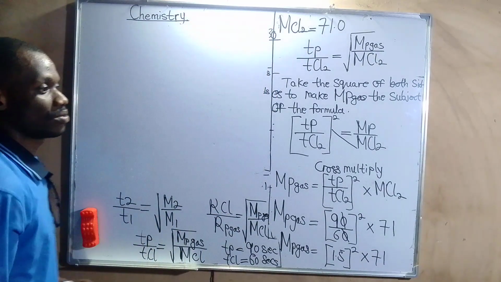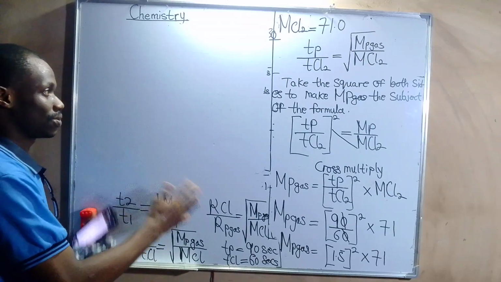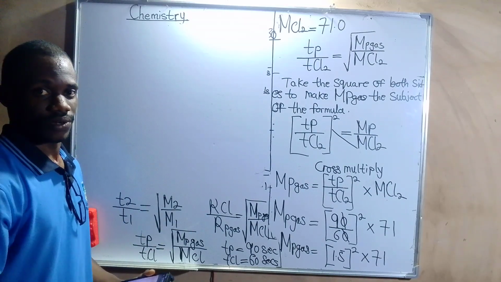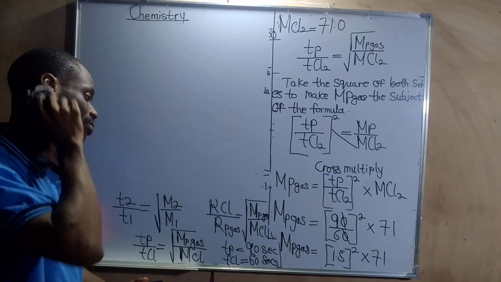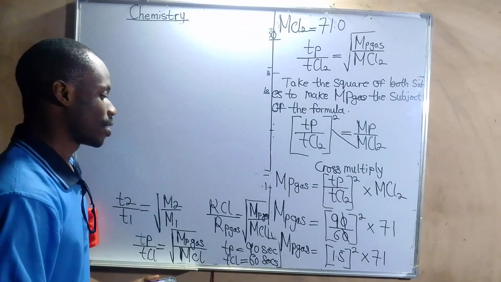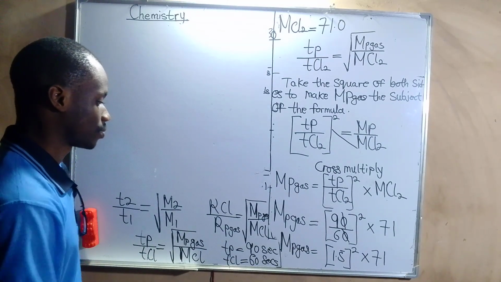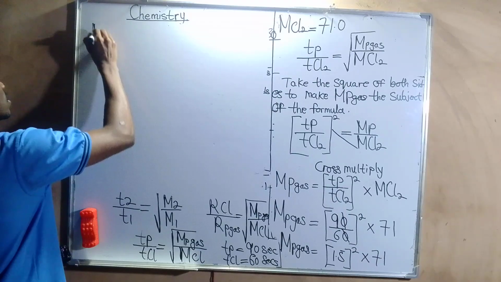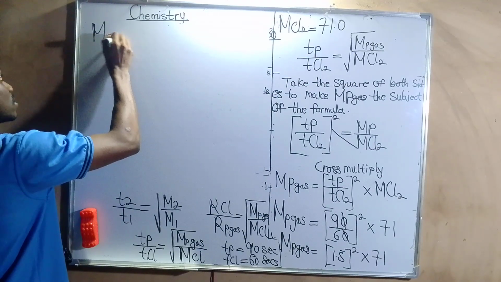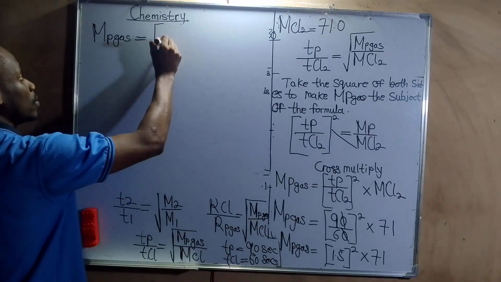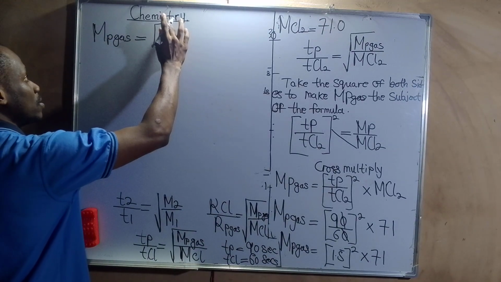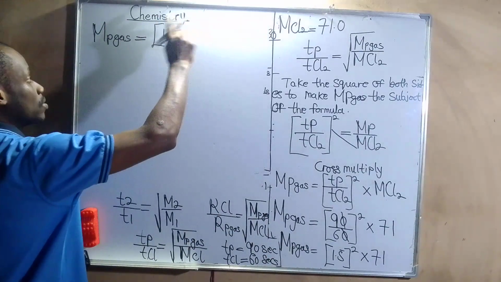By the time you become an expert, you don't need all this long explanation, because what I'm doing is teaching you. So the MP gas, the mass of the unknown gas, is equal to 1.5 squared.